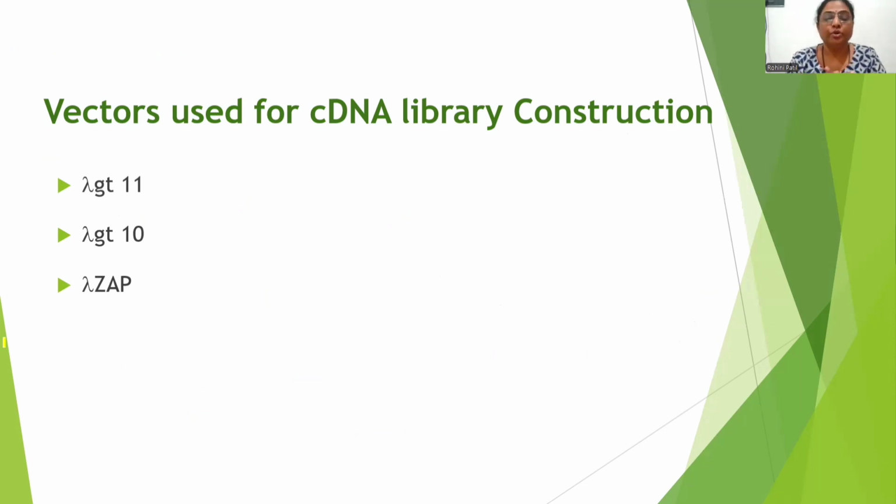So the steps involved in cDNA library construction: first you synthesize the cDNA, first the first strand and then the second strand of the cDNA, and after that you clone that cDNA into the vector. That cloning is a directional cloning, done into the vectors lambda gt10, lambda gt11, and lambda ZAP.